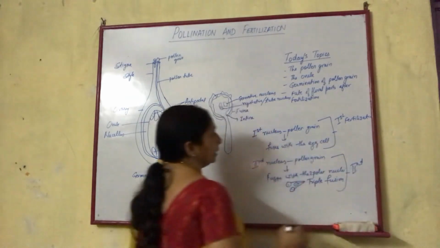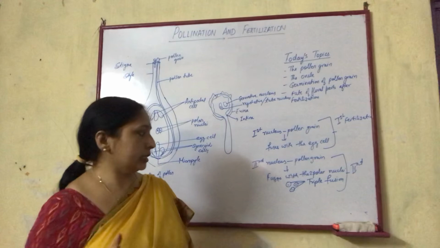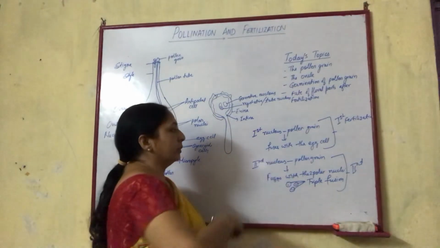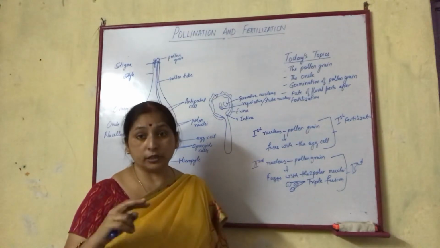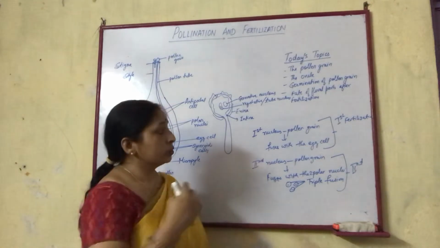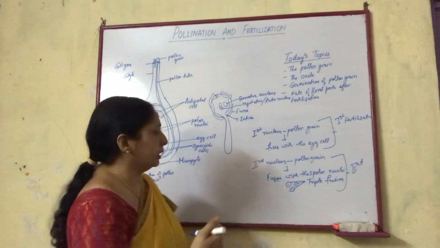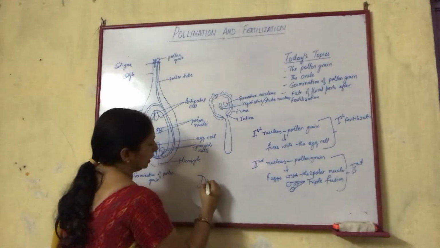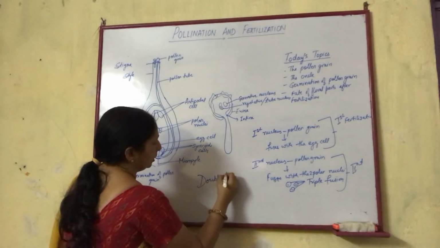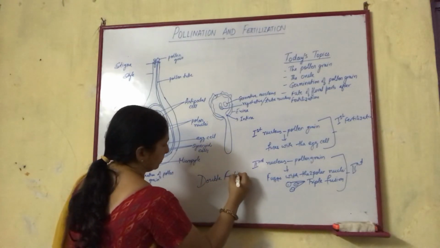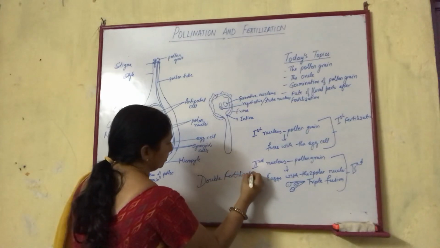Since it involves two fertilizations, one with the egg cell and one with the two polar nuclei, these two events make it double fertilization.